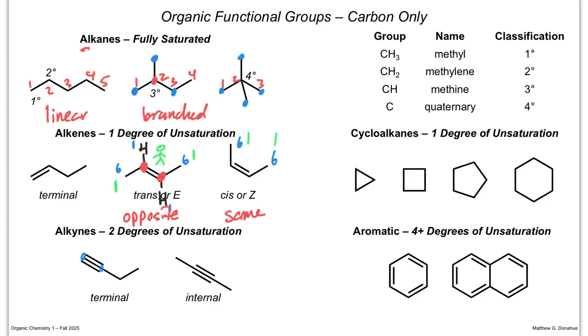So don't forget that H. A terminal alkyne will always have an sp hybridized carbon-H bond. The internal, you're just moving it inside. So again, the 2 degrees of unsaturation come from the 2 pi bonds.